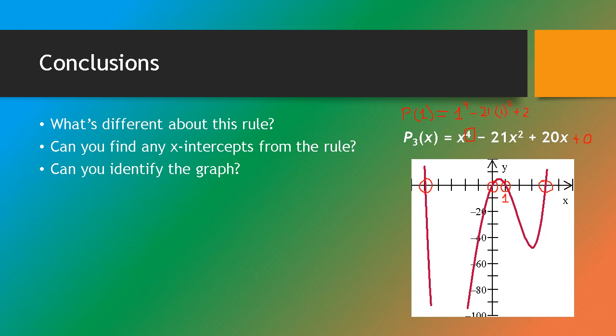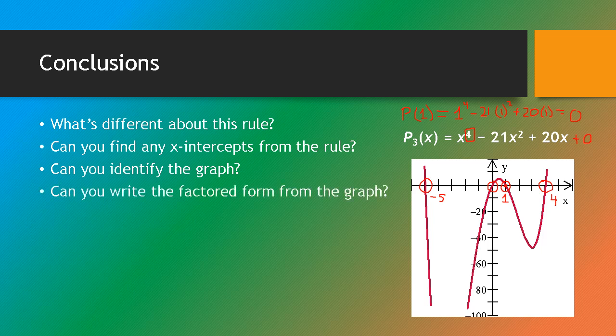And let's see, once I'm done writing, that 1 minus 21 plus 20 is 0, giving us that x-intercept. You could repeat the process with the 4 over here and the negative 5 over here, and see that each of those values will also give the polynomial a value of 0.